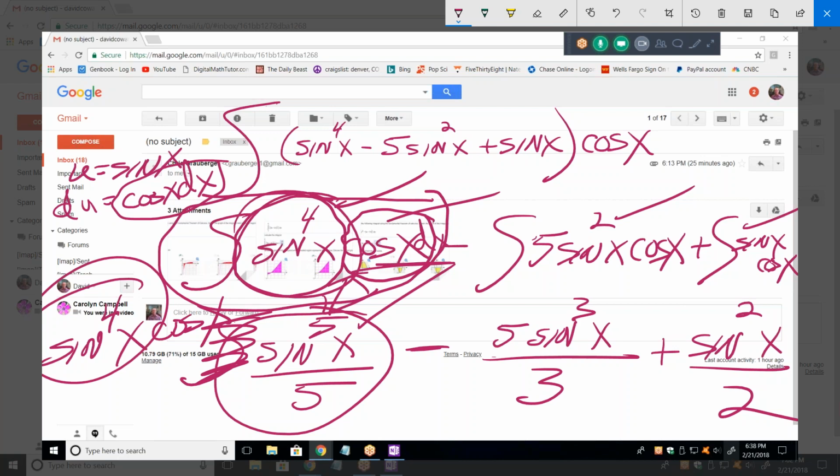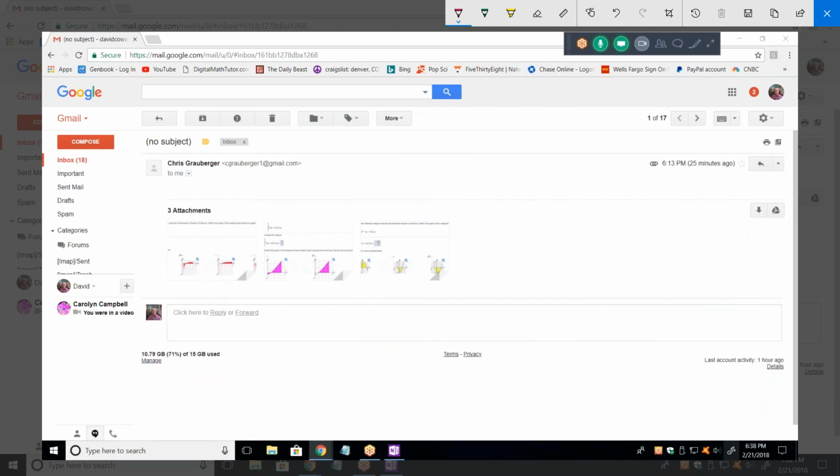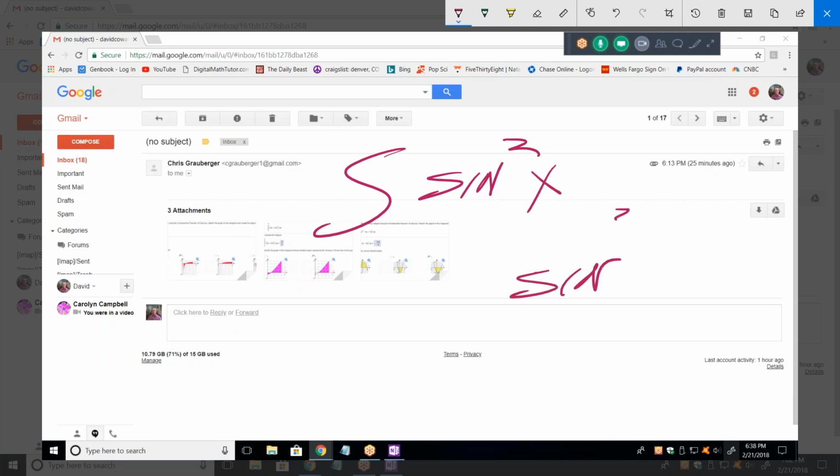You got to have that derivative of the inside being a multiplier before you can say that you're using the power rule. A lot of people would make this mistake. If you ask them, what is the integral of sine squared of x, they would say sine cubed x over 3, and that is not the answer.